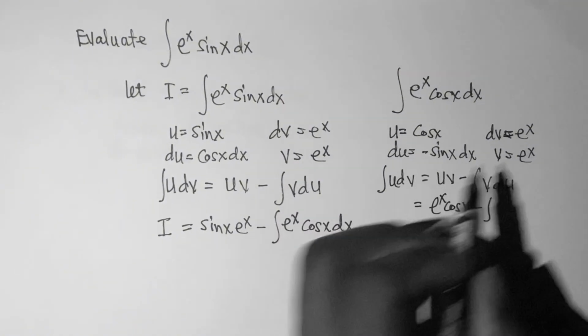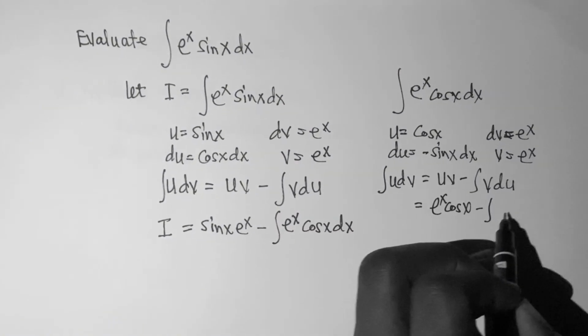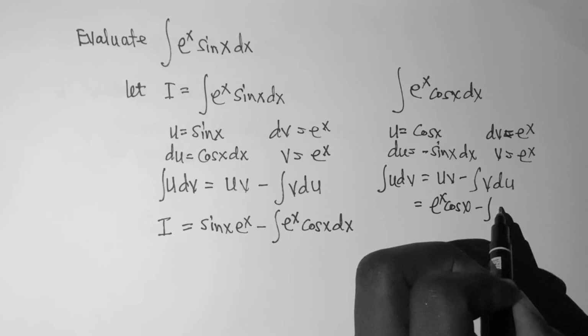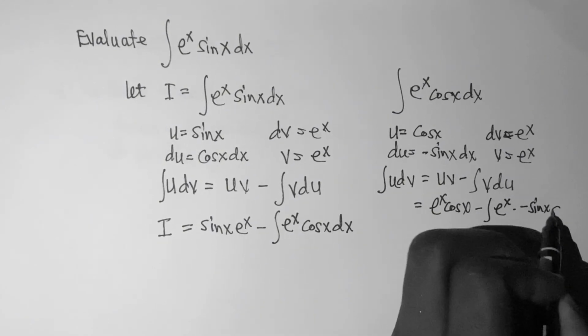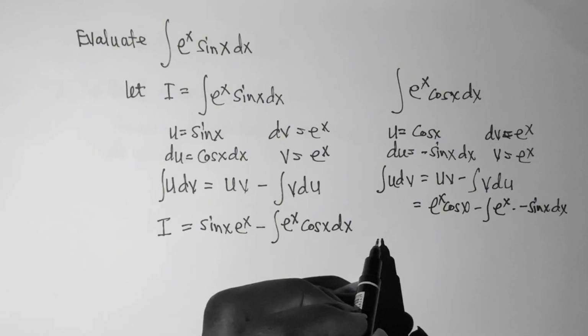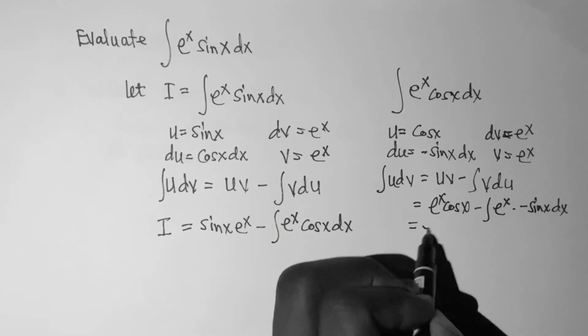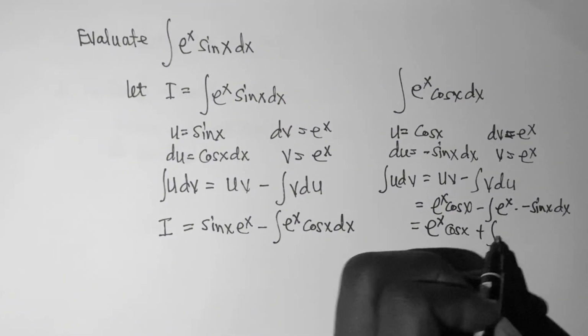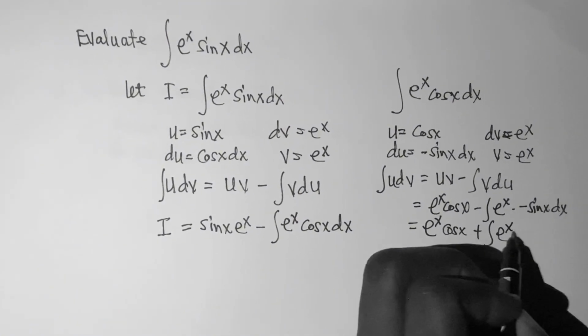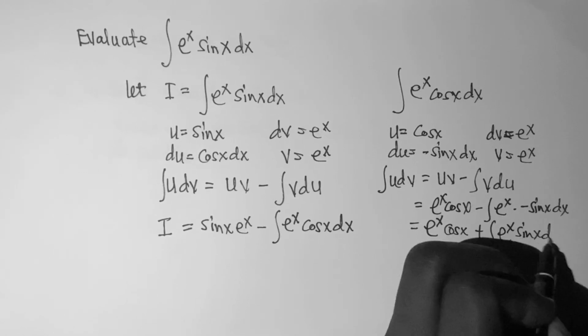V is exponent x, and then du is minus sine x. So this becomes exponent x times minus sine x dx. So this becomes exponent x cos x, then plus integral of exponent x sine x dx.